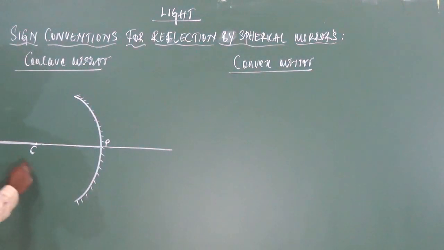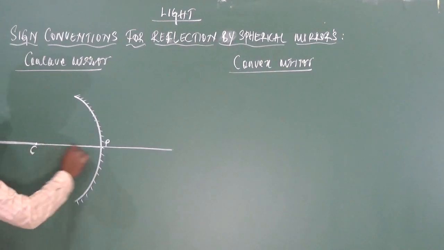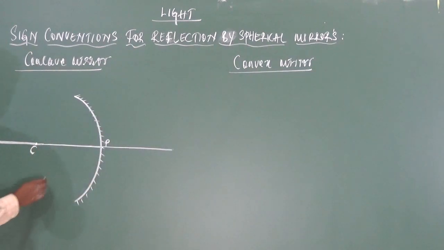Here the object is at point B on the principal axis. From the object, the light starts traveling towards the mirror.